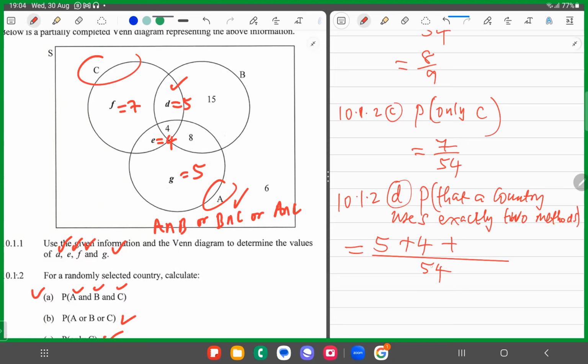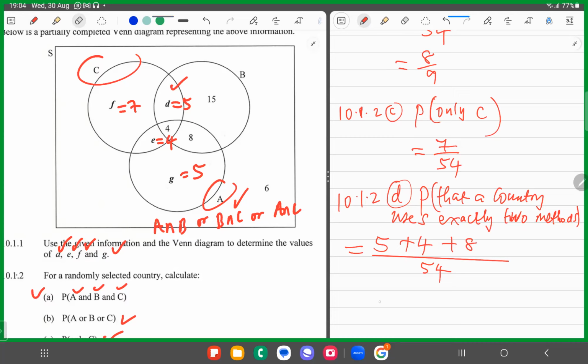Okay. If you look at, for instance, A and B excluding C, we have 8.